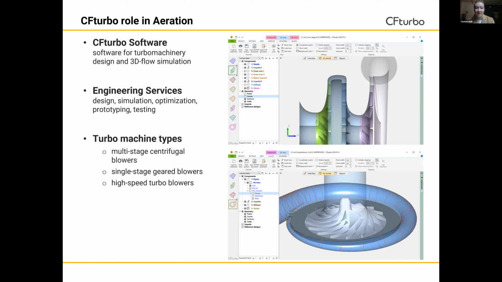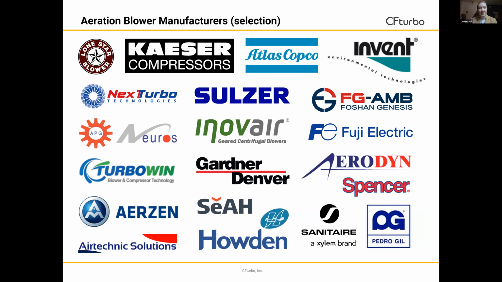And the turbo machine types that we design that would be applicable here would be multi-stage centrifugal blowers, single-stage geared blowers, and high-speed turbo blowers. And you can see the interface of our software here on the right side. There are a number of aeration blower manufacturers on the market, from Lone Star to Atlas Copco, Howden, Sanitaire.